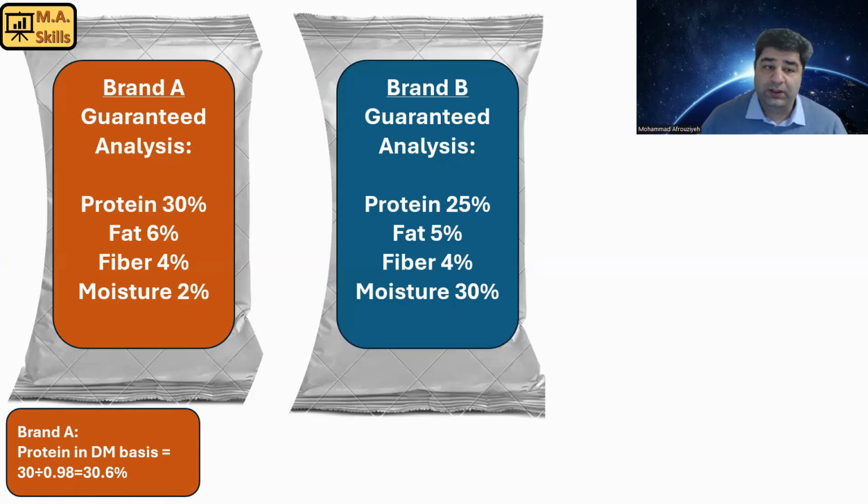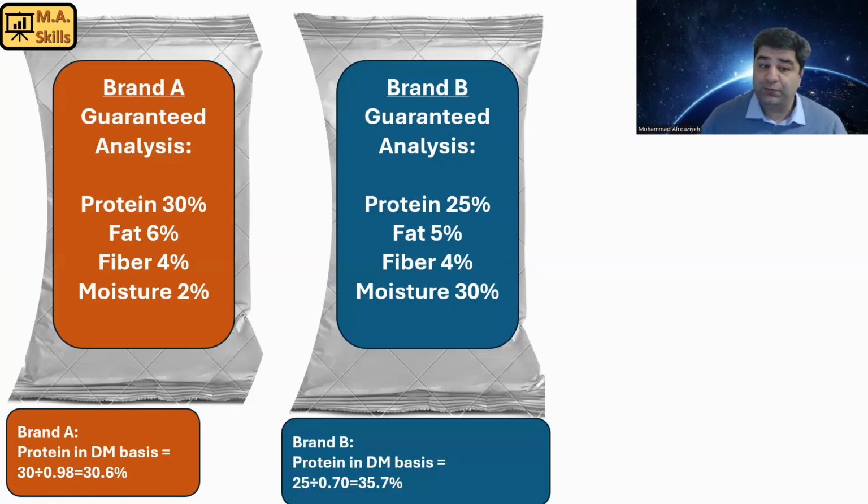It's going to give you 30.6% protein. And if you do that for brand B, what's the moisture level? 30%. It means that 70% is dry matter. So the level of protein, 25% divided by 70%, is going to give you 35.7% protein.